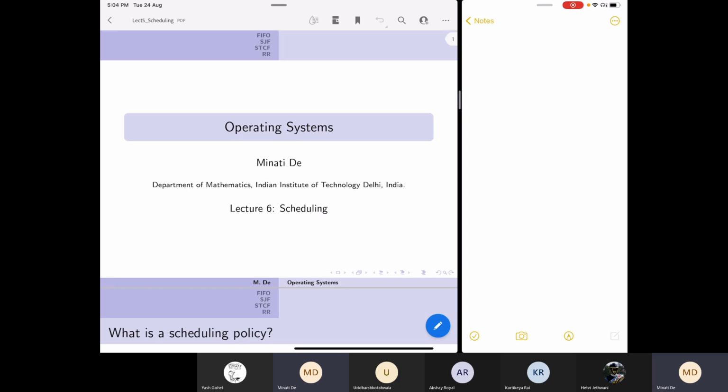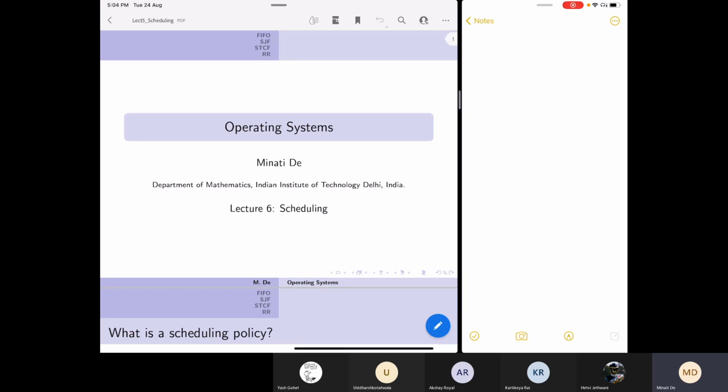Now let's see scheduling in more detail. In the last class, we discussed context switches, and we saw the low level mechanism of context switch. But we left out this question. Let's say a context switch happens.